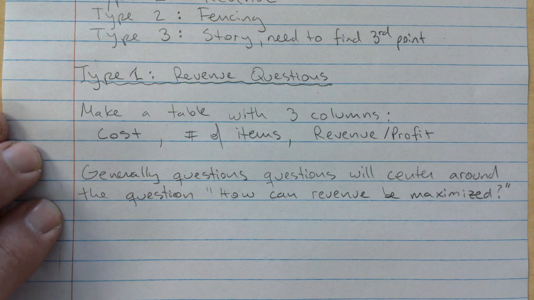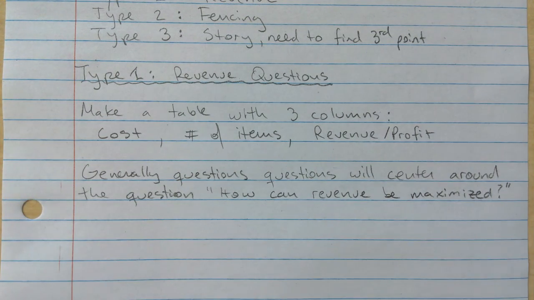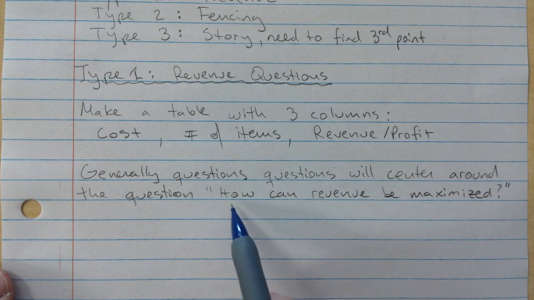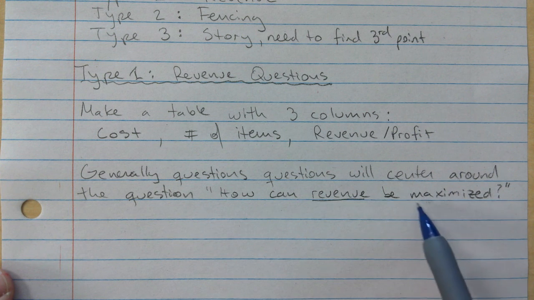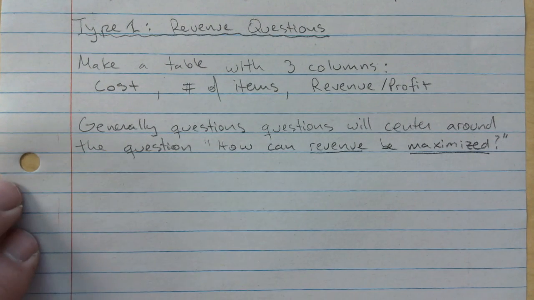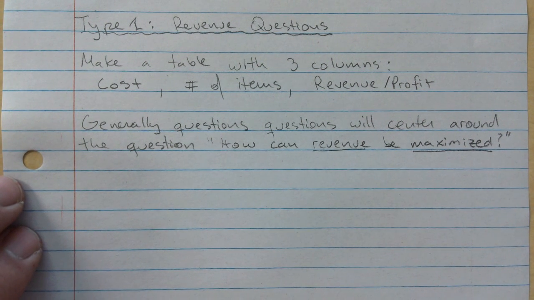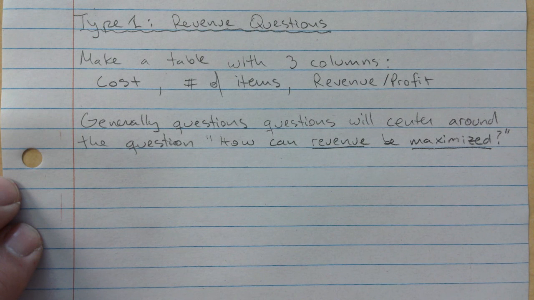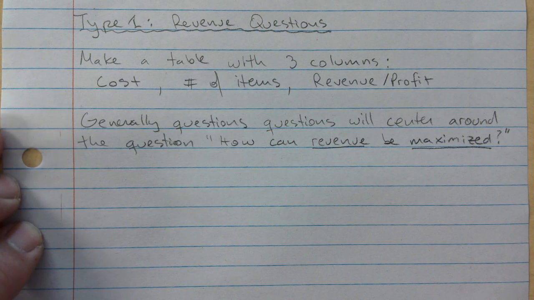That's the center, like everything else is going to revolve around that. How can revenue be maximized? How can I make the most out of this particular scenario? So we can talk about tickets being sold, items produced, you name it. It will revolve around the vertex, right?